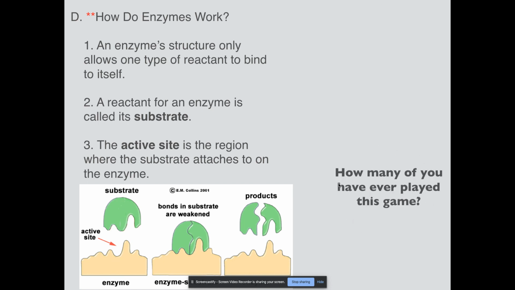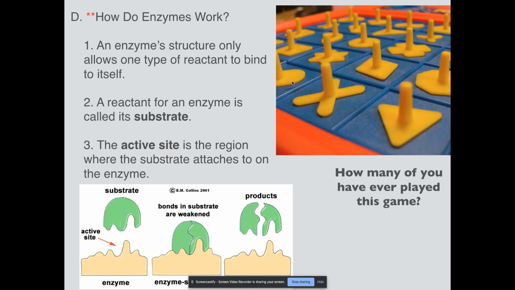And then, like it says, how many of you have ever played this game before? So if you've never played this game, it's called Perfection, right? The goal is that there are little boxes with imprints that only fit one shape. And your goal is to pour these out on a table, and you have only a limited amount of time to put all of these little shapes where they go. That's kind of what enzymes are like.